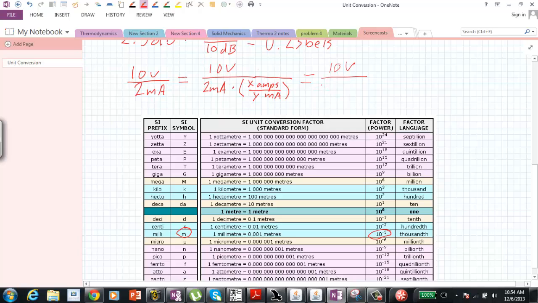So now we can rewrite this as 2 milliamps times 10 to the negative 3 amps per milliamp.